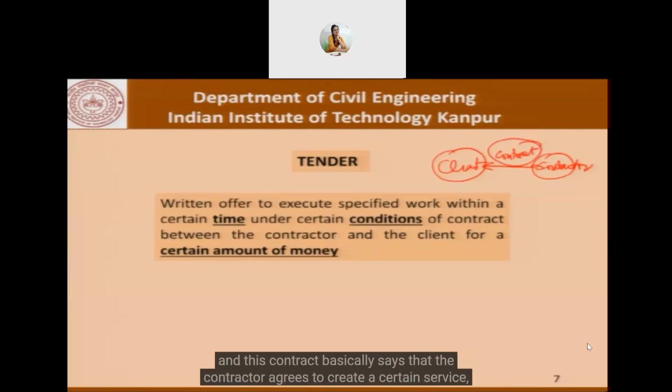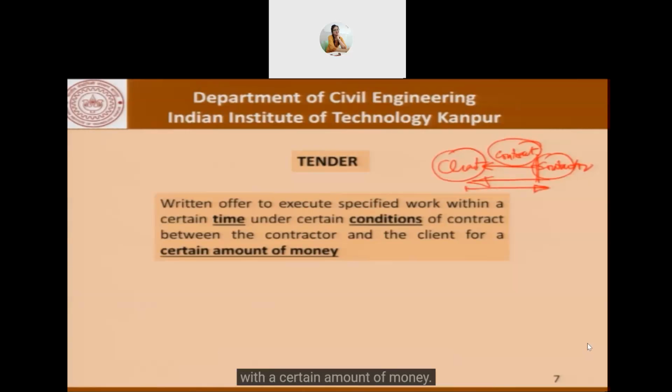And this contract basically says that the contractor agrees to create a certain service or a certain structure or whatever it is, and the client agrees to compensate the contractor with a certain amount of money.